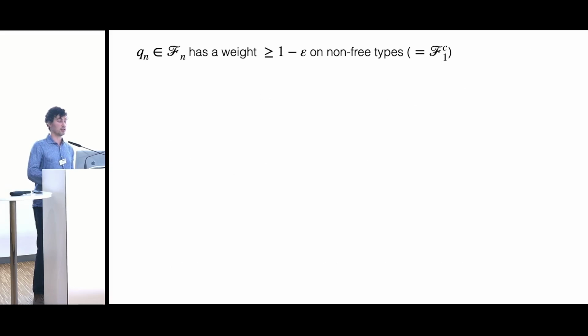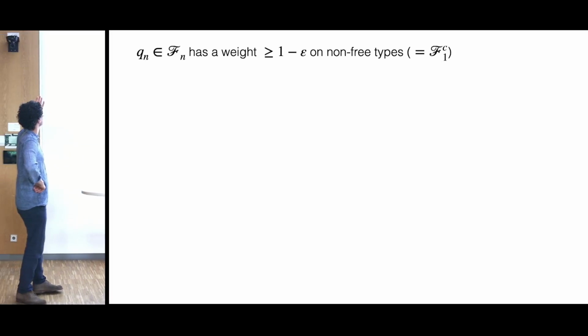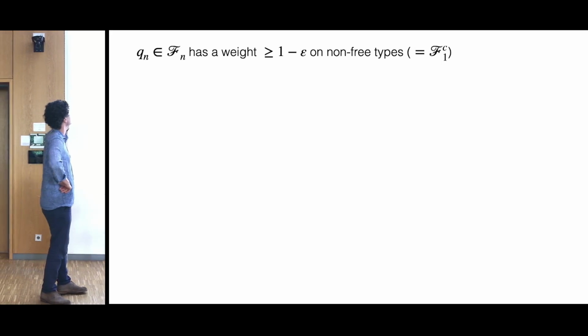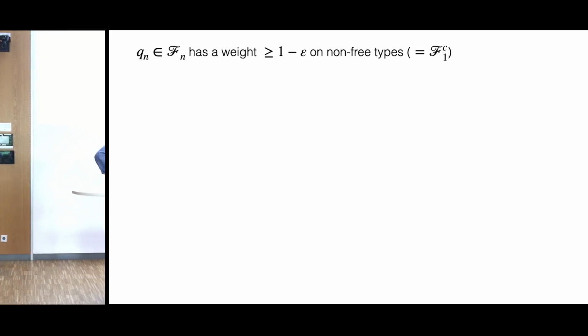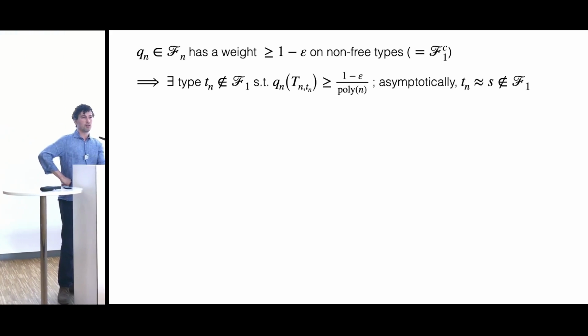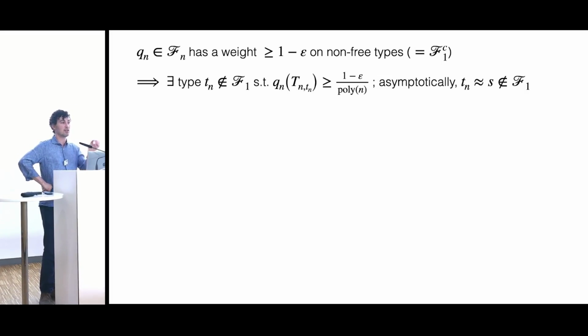And the way you deduce a contradiction is exactly using the blurring lemma. Okay, so let's see how. Let's say that Qn has weight at least 1 minus epsilon on non-free types. Then, there are polynomially many types, so I can extract one type that has weight (1 minus epsilon) divided by poly n.